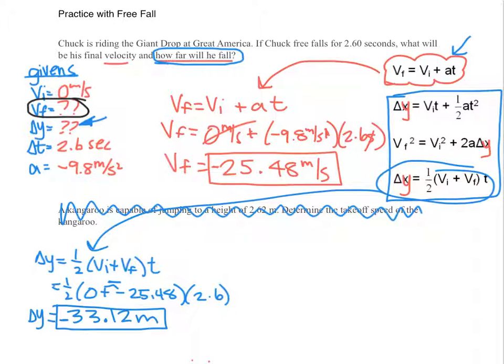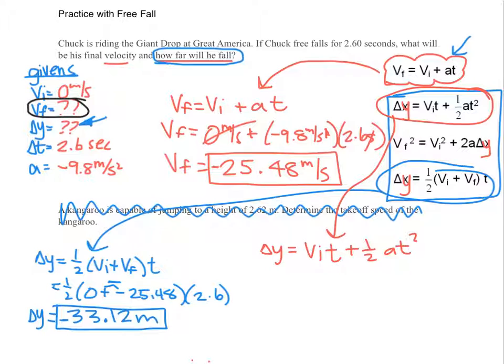Okay, so what if you used the other equation, the second one, but it's the first one that we can choose. All right, so let's try it again because we should get the same answer. Change in y is 0 times 2.6 plus 1/2 times negative 9.8 times 2.6 squared.